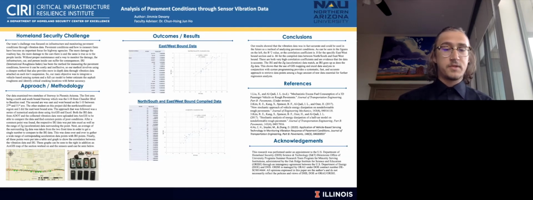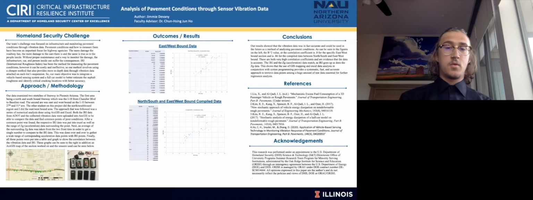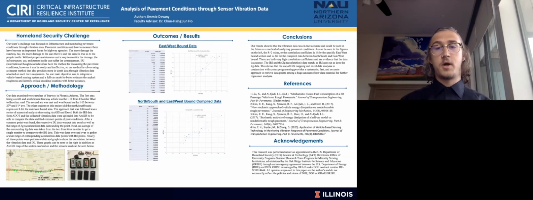We would take one of the IRI data points, take a bunch of acceleration points around it, and then go into Excel, drag that data in, match it with the IRI data, take an average, and get a singular value for the ZG data corresponding to a singular IRI data point. Our goal was to gather a bunch of those to be able to say, as our ZG data goes up, does our IRI data go up correspondingly? Because that would indicate that our data was accurate and that we're doing what we need to do.